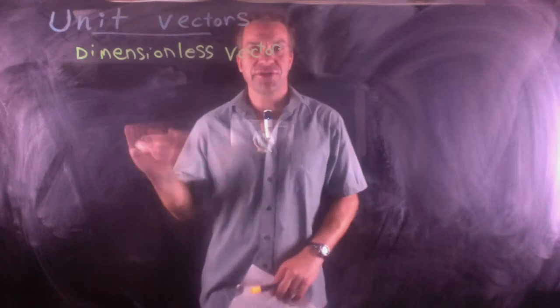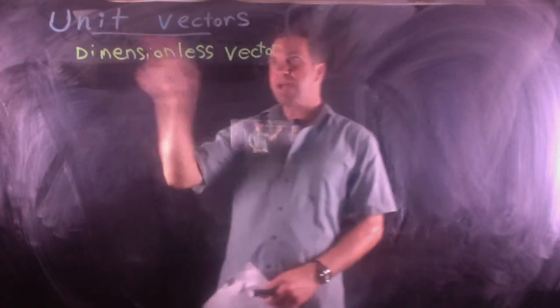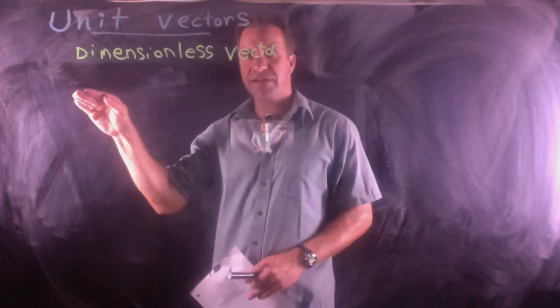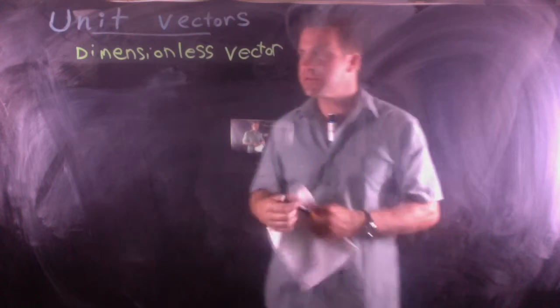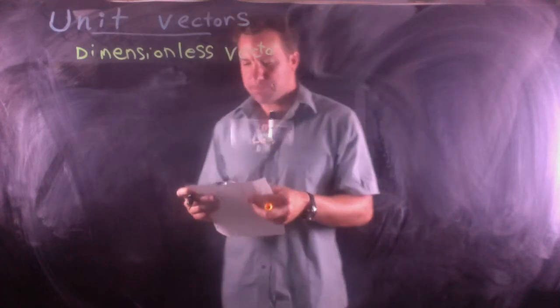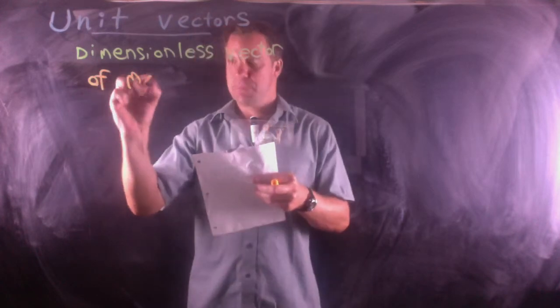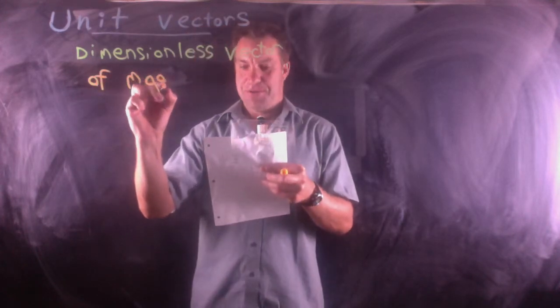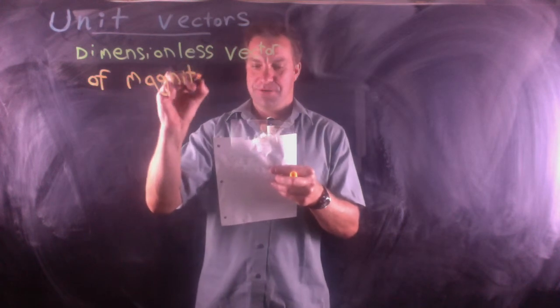Let's talk about unit vectors. This is a way to describe vectors in Cartesian coordinate space. And a unit vector is a dimensionless vector. There's no units, there's no value of numbers. And it has a magnitude equal to 1.